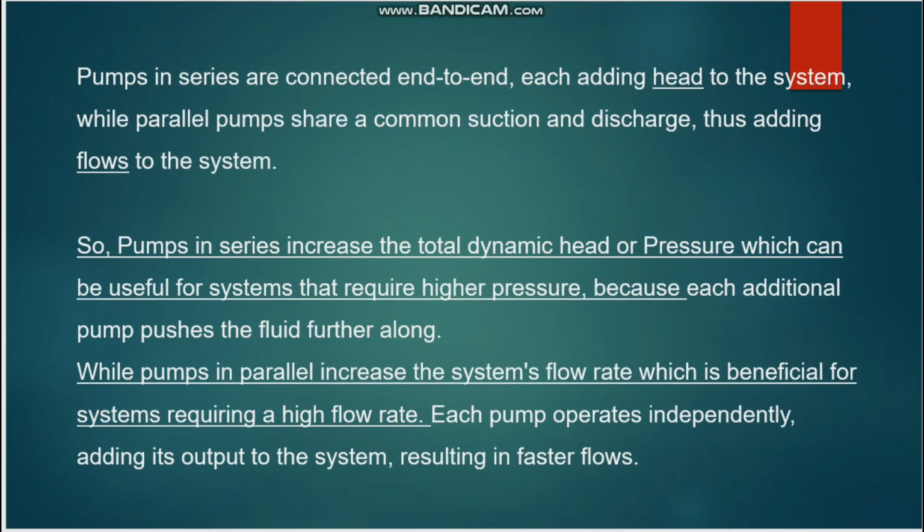As we discussed earlier, pumps in series are connected end to end, each adding head to the system, while parallel pumps share a common suction and discharge, adding flow to the system. Finally, pumps in series increase the total dynamic head or pressure, which is useful for systems that require higher pressure, because each additional pump pushes the fluid further along.